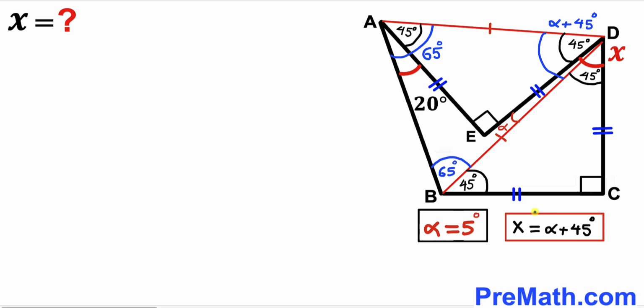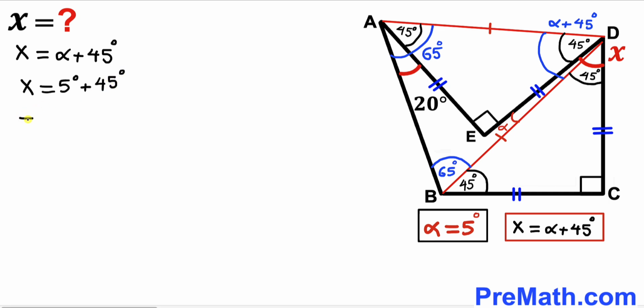And now let's focus on this equation: angle X equals alpha plus 45 degrees. And here I have copied down that equation. And now I'm going to substitute this tiny angle alpha value as 5 degrees over here. So therefore angle X is going to be equal to 5 degrees plus 45 degrees.